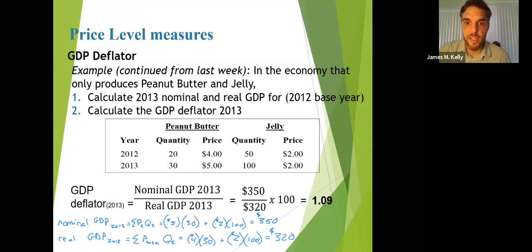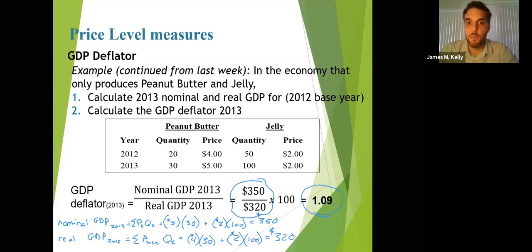So when we plug these in to find our GDP deflator for 2013, we get the ratio between $350 and $320. These are the values of nominal and real GDP respectively. We found our GDP deflator to be 1.09.